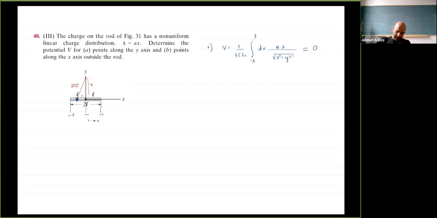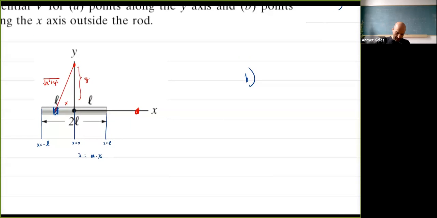Right? Now B, let's choose our point now here. I need to choose a different variable. Let me call this R. Then this is R plus x, or actually that x is on the negative side, and I don't like that negative side x.